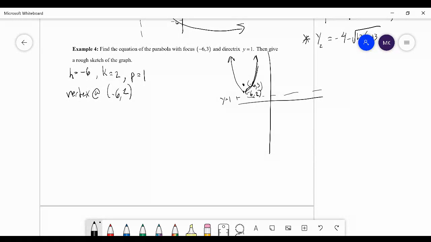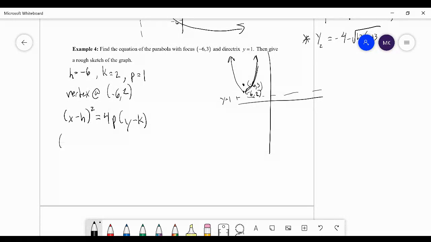Now that's not what I wanted. It wants us to find the equation. So because this is opening up and down, this is a vertical axis graph, we know our general form of this equation is x minus h squared equals 4p times y minus k. So what we just do is plug in our values of h, k, and p that we found, and then simplify if we need to.